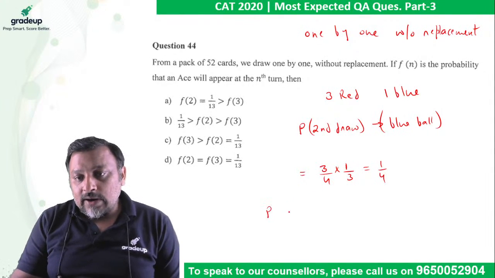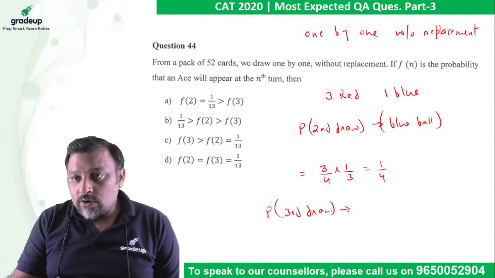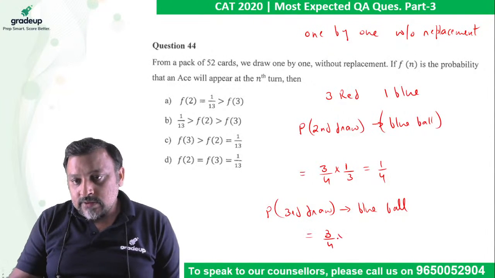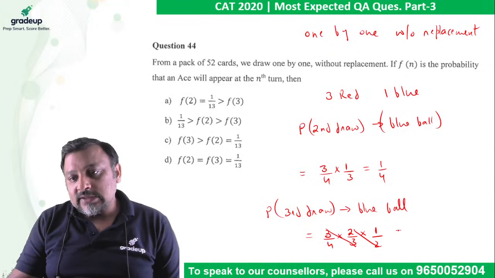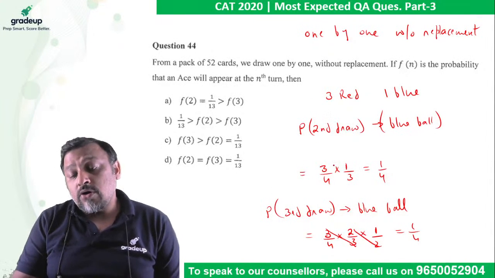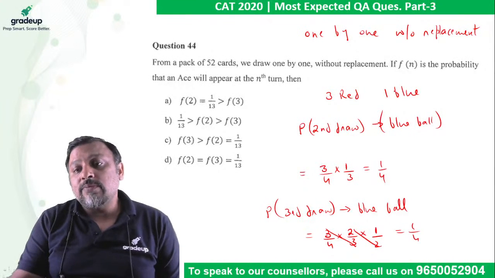Now if I need to find that the third draw is a blue ball, first should be red, second should be red, and third should be blue. So again what we'll get is 1/4. So whether it is the first draw, second draw, third draw or fourth draw, it will always be 1/4.